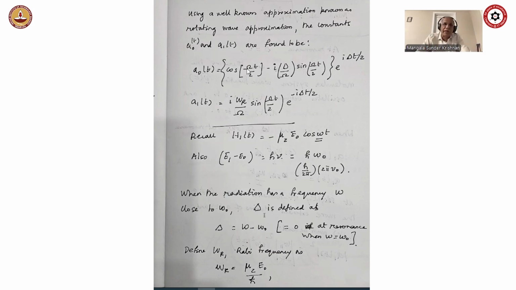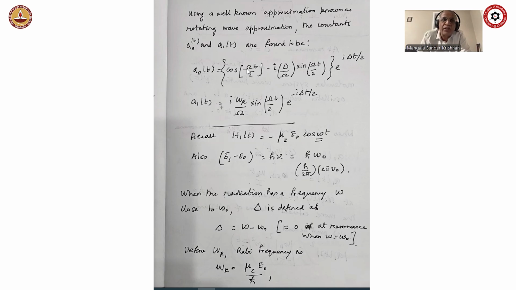Now let's explain this formula. This formula says a0 of t is cosine of omega t minus i, where i is the square root of minus 1, a complex imaginary, times delta by omega, sine omega t by 2, times e to the minus i delta t by 2.